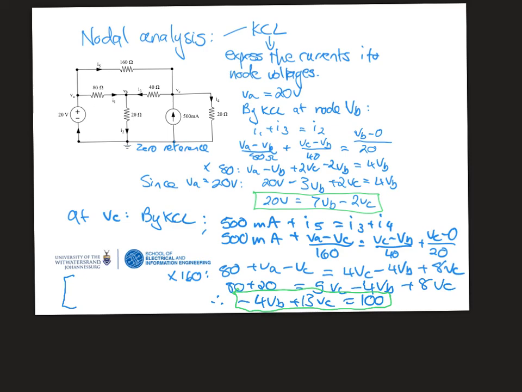We're going to have 7, minus 2, minus 4, 13, times VB, VC, and that's equal to 20 and 100. And that's everything on this recording.